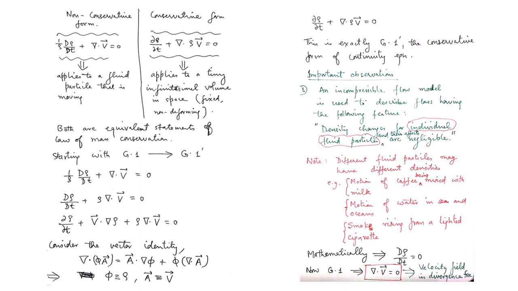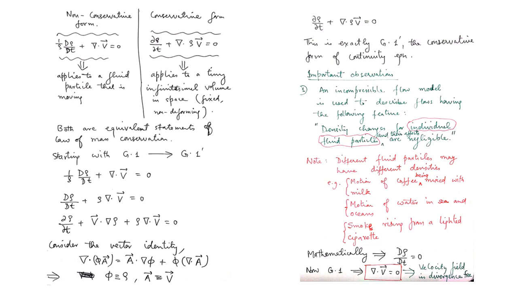And now what we immediately recognize is that if this scalar phi is density and the vector a is the fluid velocity, then I can directly use this vector identity to say that the two terms in the continuity equation, v dot grad rho plus rho times divergence of v, can be combined into a single term, which you can see on the right.